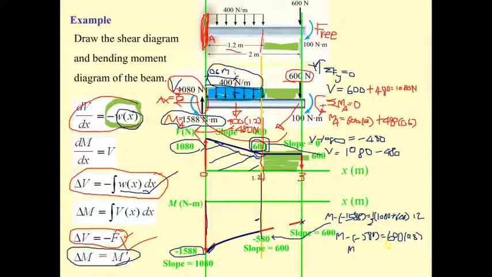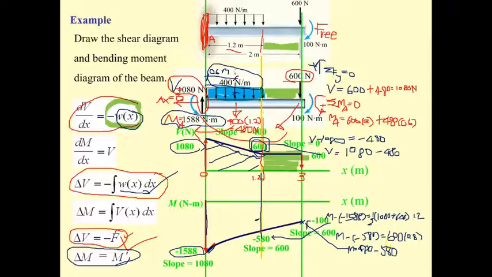So M is going to be equal to 480 moving to the right from minus 580, and then you get the moment here of minus 100. So we get a minus 100 here and a curve here.